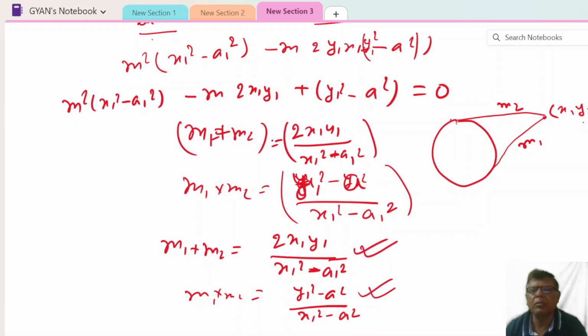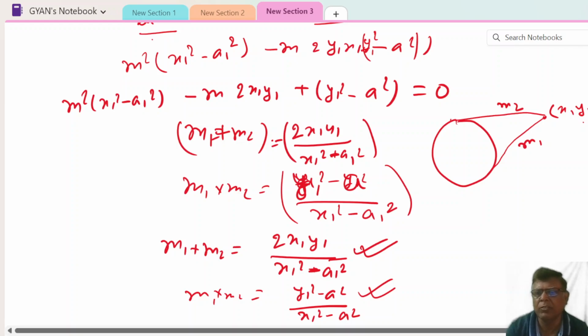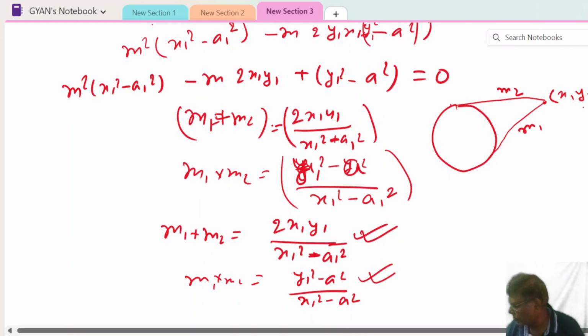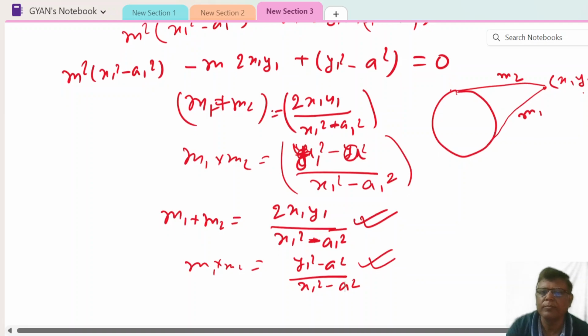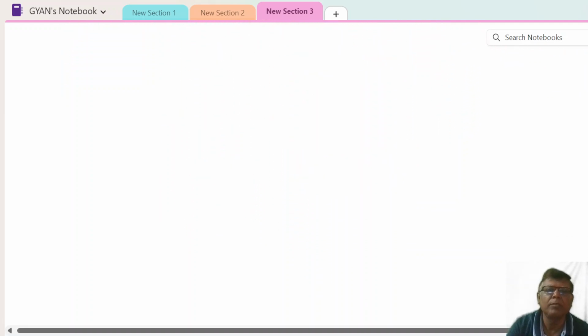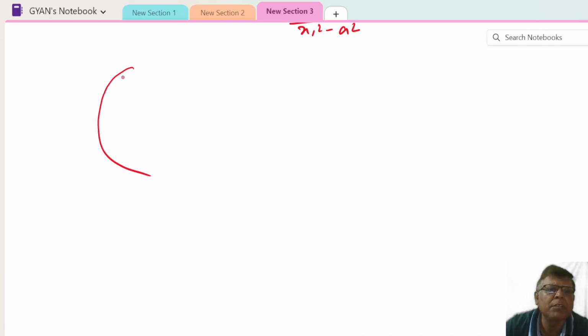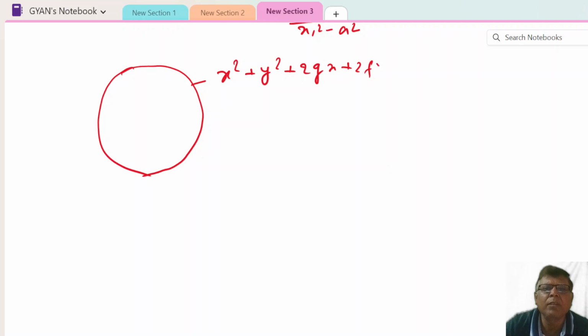So now we summarize all these formulas, because these formulas are very important. Suppose this is the tangent, this is the circle. The circle general equation is x square plus y square plus 2gx plus 2fy plus c is equal to 0.